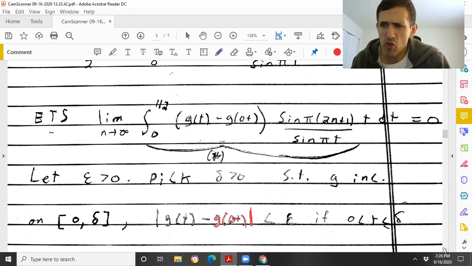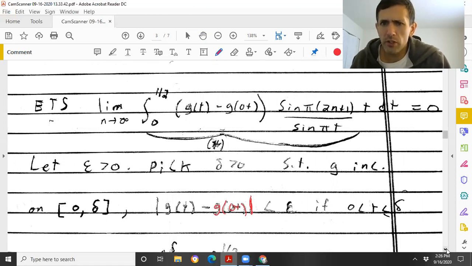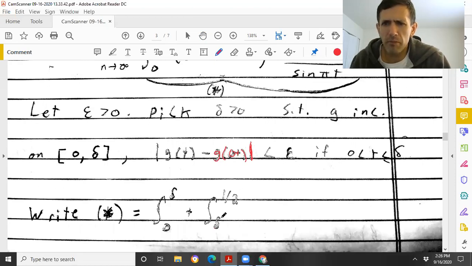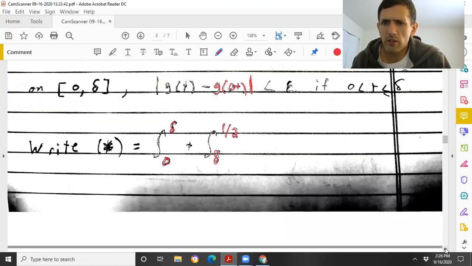But anyway, what we're going to do is, like before, break up this integral into these two pieces. We get a lot of mileage out of this little trick here, thanks to the Riemann-Lebesgue lemma.